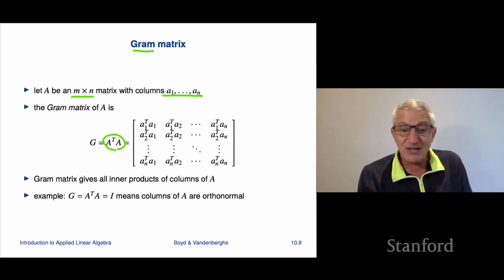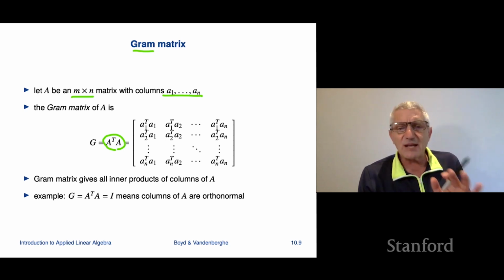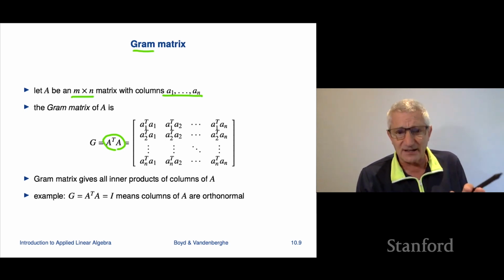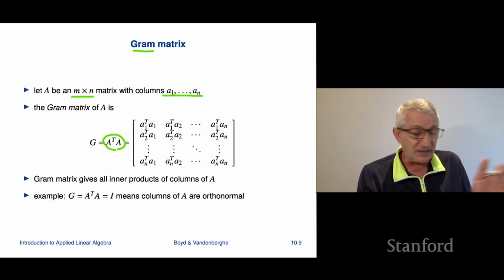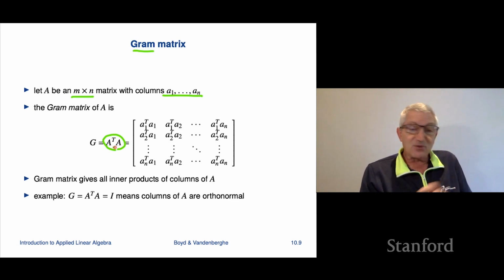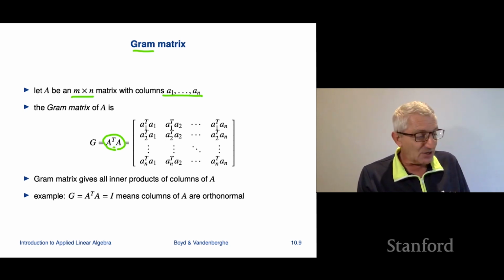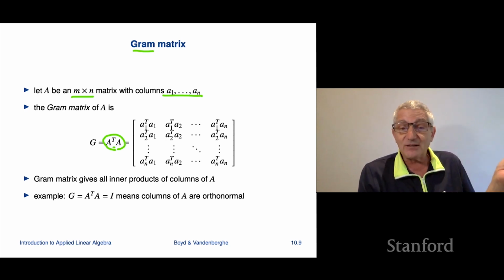It's G equals A transpose A. A transpose A is something you're going to be seeing a lot of, to be honest, so get used to it. But it's got a beautiful interpretation. So the entries of A transpose A are exactly the following. The first entry is A1 transpose A1, but you know what that is. That's actually the norm squared of A1.